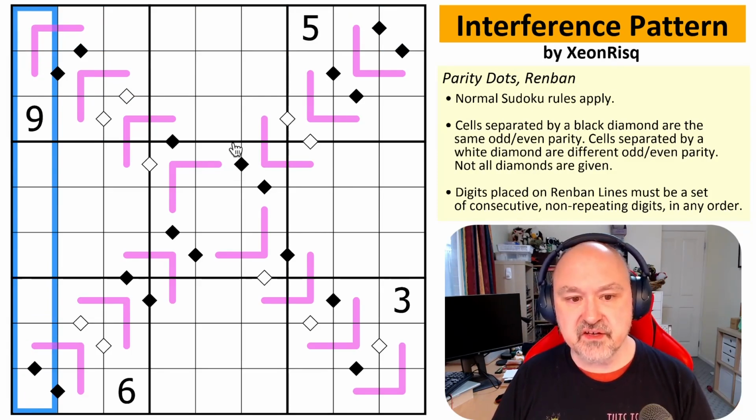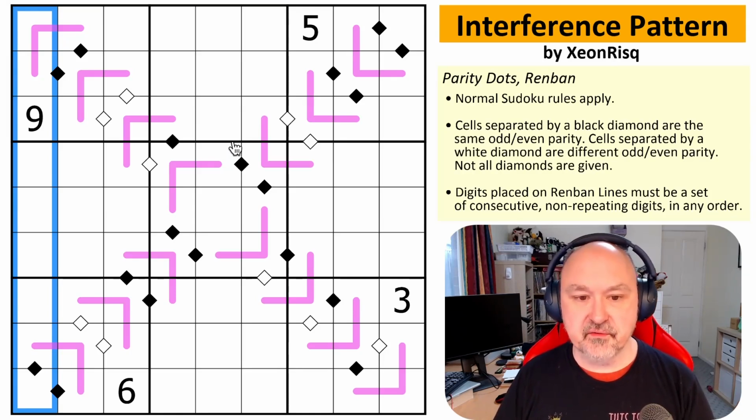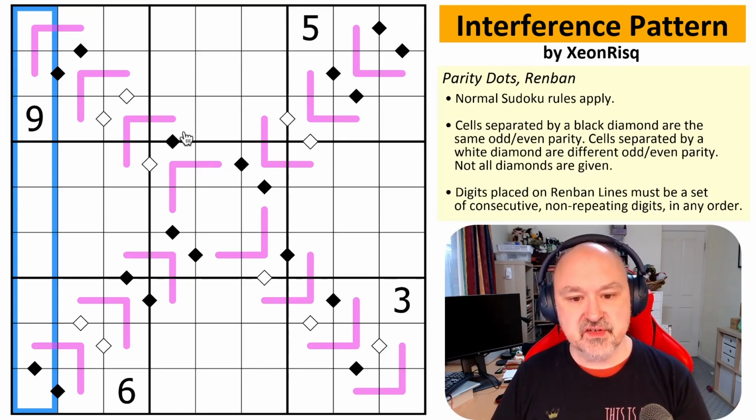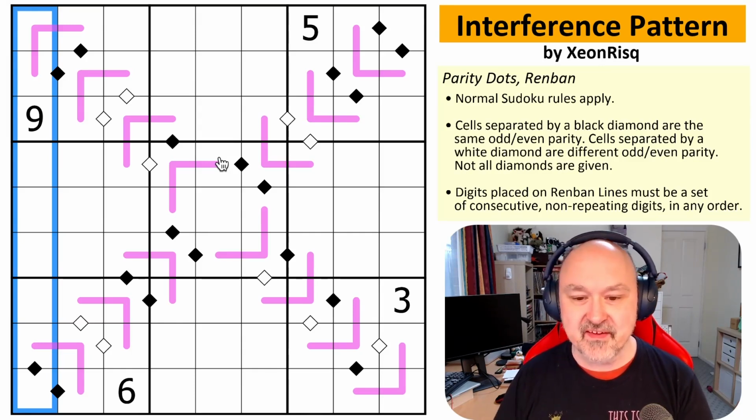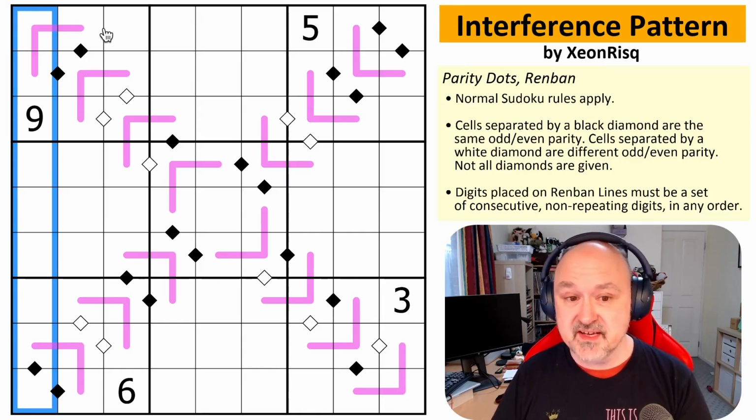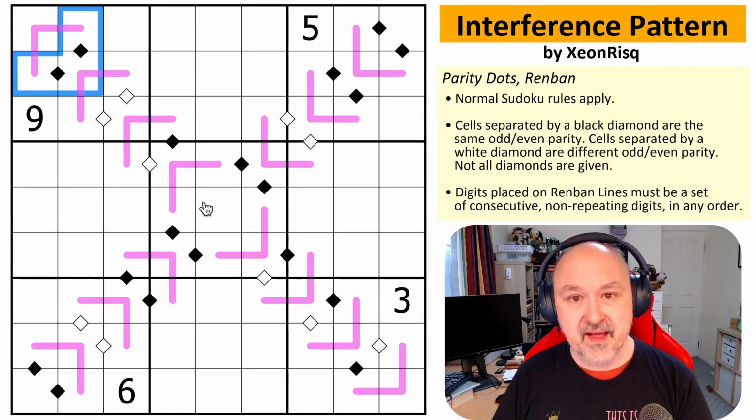Then we get to the interesting part, which is the way parity dots work. They look a bit like Kropke dots, and it's really easy when solving these to get them confused for Kropke dots and think that they've got Kropke relationships, but they're quite simple. Cells separated by a black diamond must have the same parity.